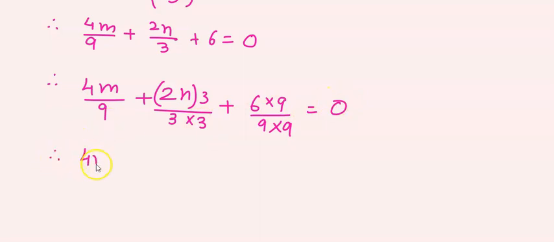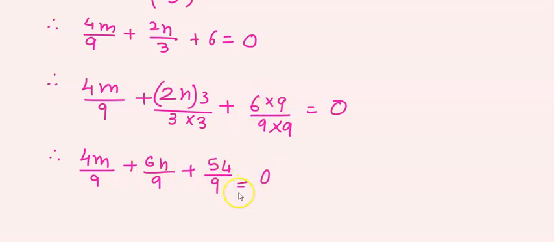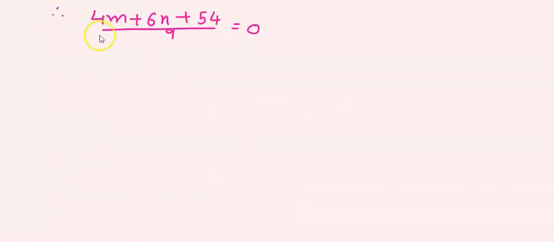So we are converting it to like denominators. 4m/9 + 6n/9 + 54/9 = 0. Now I can write it as (4m + 6n + 54)/9 = 0.